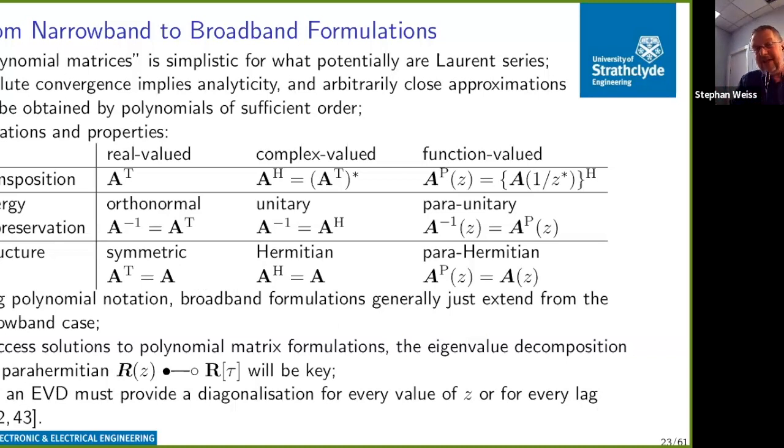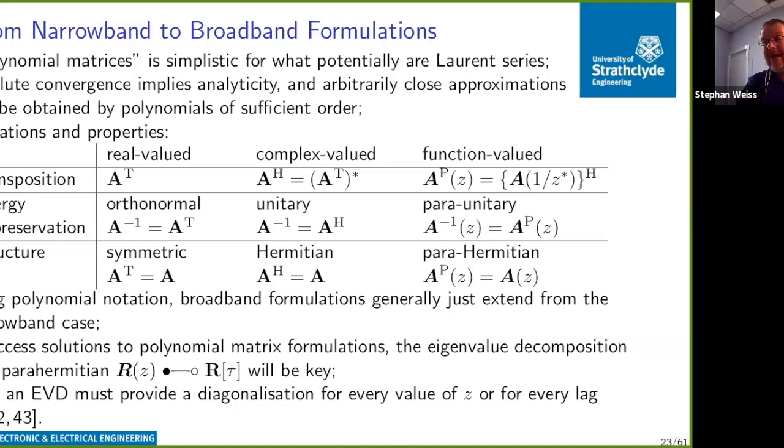However, what is not immediately clear is how to solve these problems, because once you have this formulation, obviously you would like to solve them as well. In the narrowband case, solutions often hinge on diagonalizations of matrices, particularly on the eigenvalue decomposition, but also the singular value decomposition.